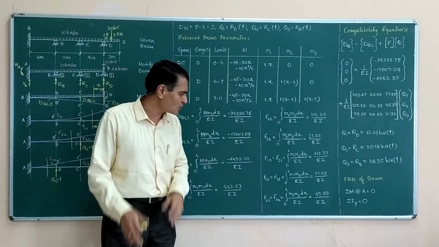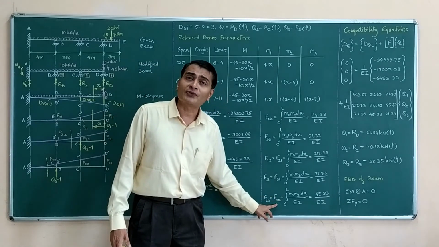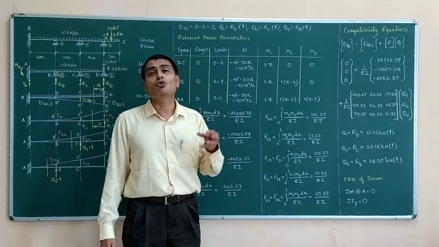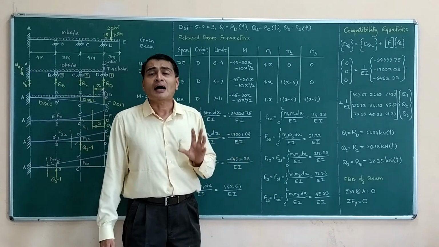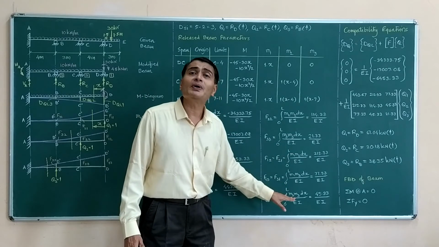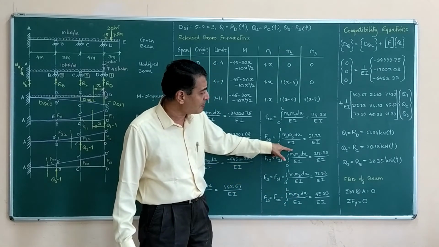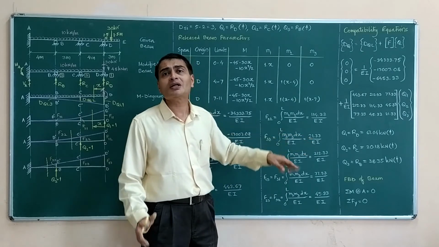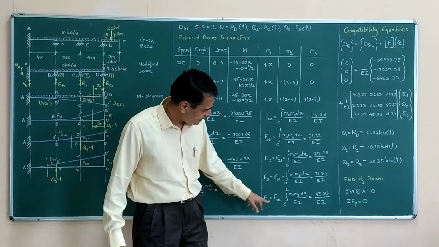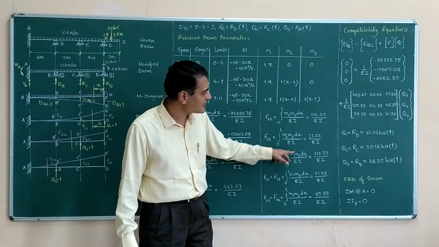Very simple calculation. And then lastly, F23 is equal to F32 is equal to integral m2 m3 dx over EI. I have told you in the last example also that these are very simple expressions to remember. Fij is integral mi mj dx over EI. So if it is 2 3, it is m2 m3. If it is 1 2, it is m1 m2.